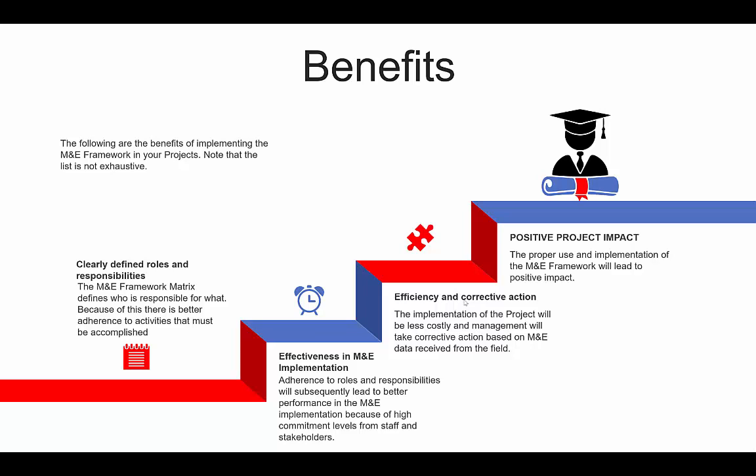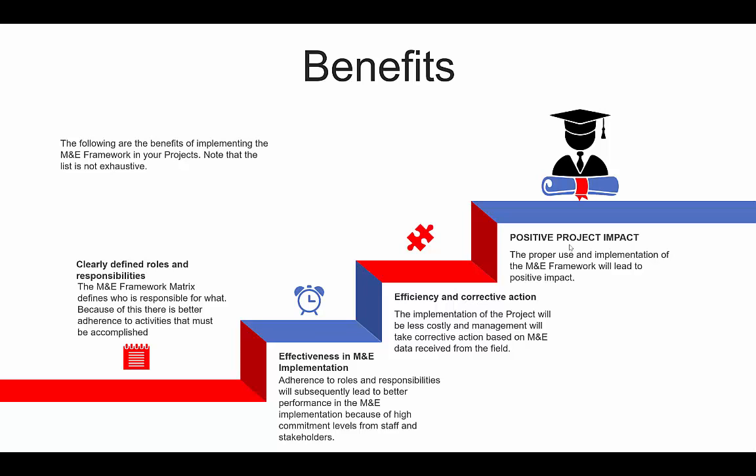Okay? Then finally, this is where we all want to be at the end of 3 years, at the end of 5 years of our projects. Positive project impact, not negative impact. Who wants negative impact? We want positive impact. So the proper use and implementation of the M&E framework will lead to positive impact of the project.